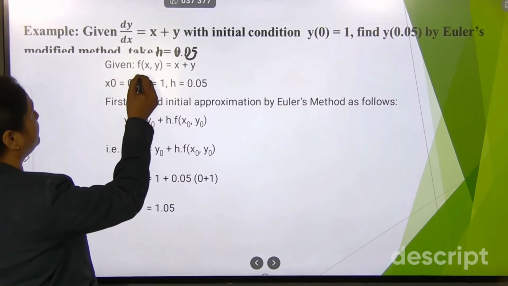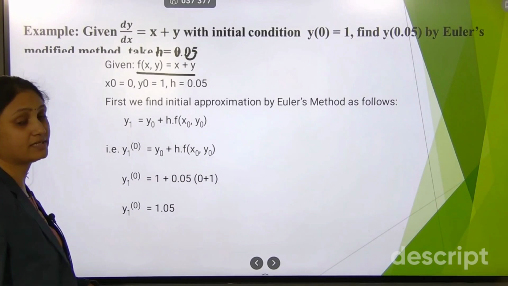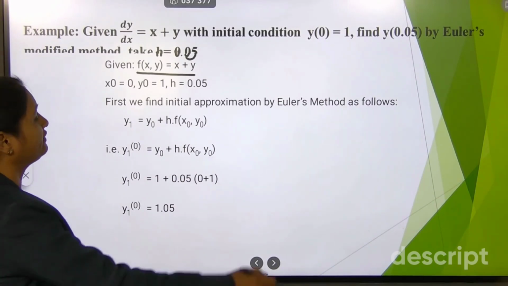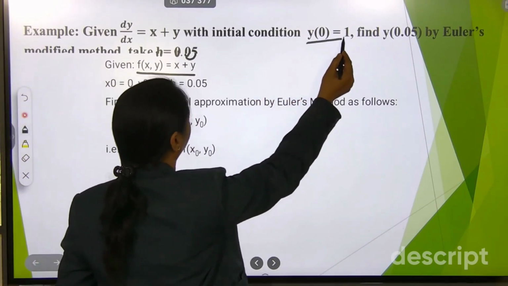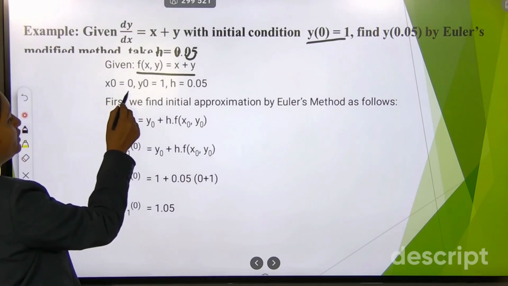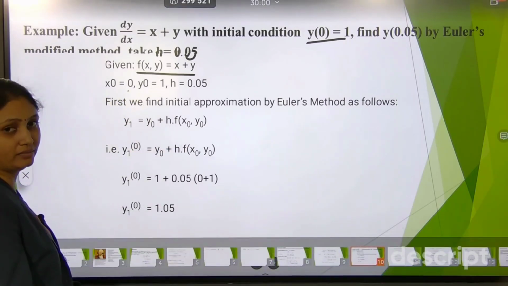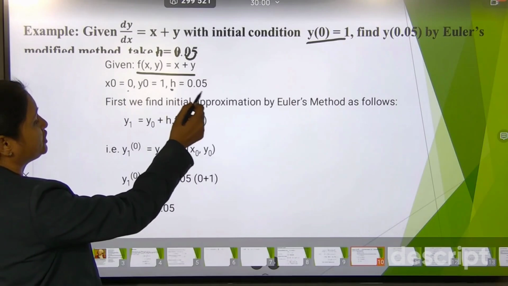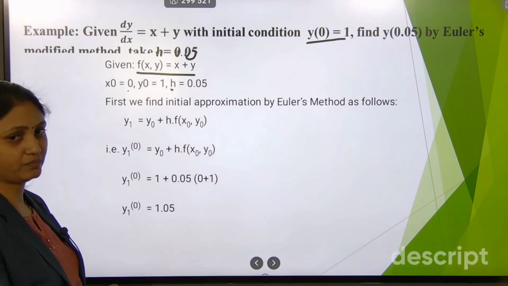So here the function f of x comma y is equal to x plus y, and y of 0 is equal to 1. That means x0 is equal to 0 and y0 is 1. Also, h is equal to 0.05.